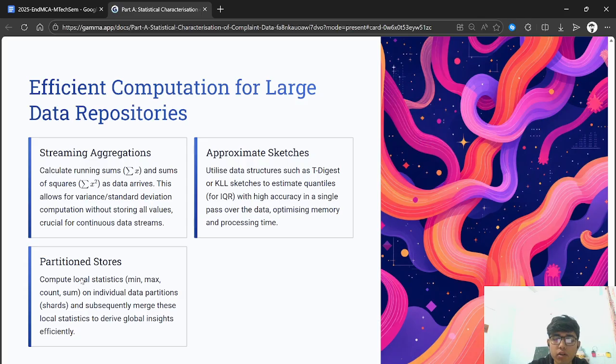Approximate sketches utilize data structures such as T-digest and KLL sketches to estimate the quantiles for IQR with high accuracy in a single pass over the data, optimizing memory and processing time. Partition stores compute the local statistics, minimum, maximum, count, and sum, on individual data partitions, which subsequently merge these local statistics to derive the global insight efficiently.